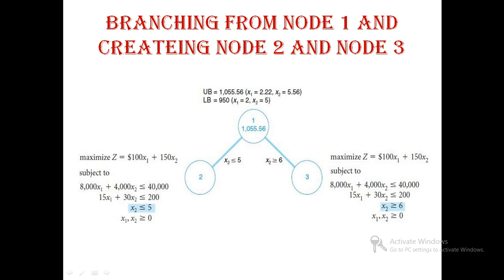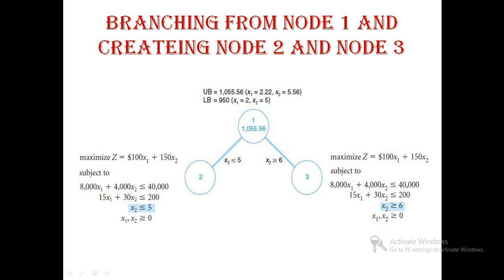This solution is without the integer restriction, and now we put the integer restriction on the problem one by one, converting one variable at a time into an integer. These two are integer values and the solution is 950, but there is scope for improving the solution. So we improve the solution.